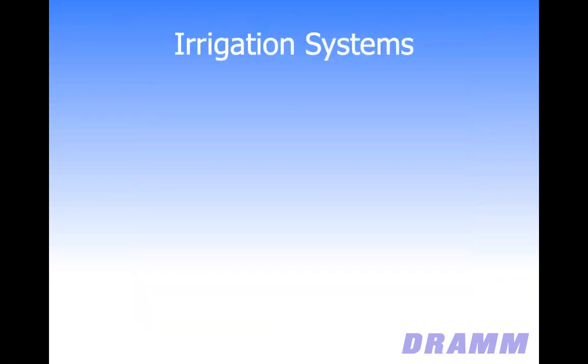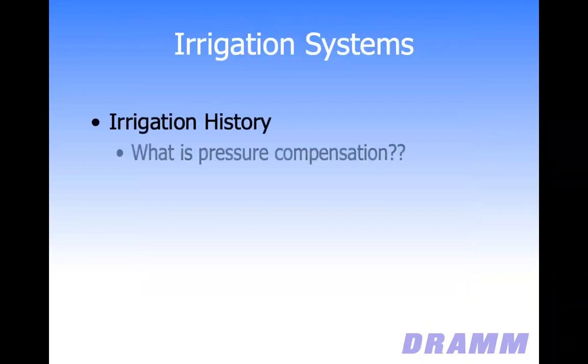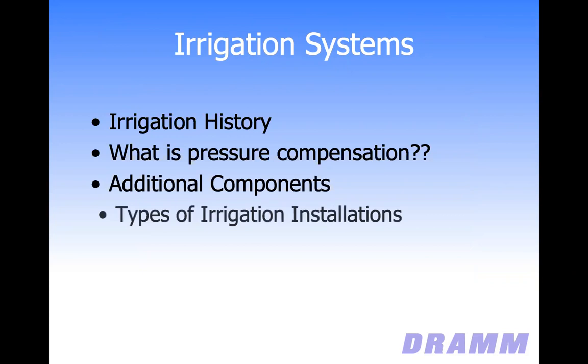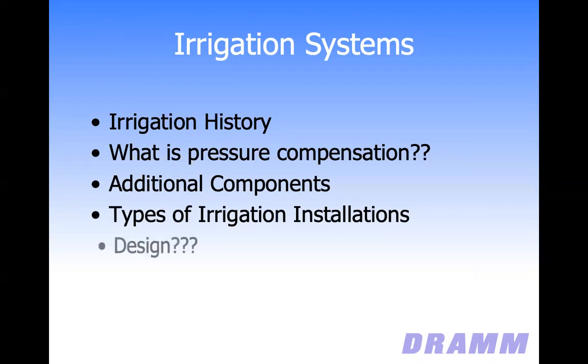We're going to jump right in, talk a little bit about irrigation history, what actually is pressure compensation, the additional components that go along with the nozzles and drippers that you need, different types of installations, and questions on design, because that's probably the most important part of this entire discussion: how do you put all this stuff together and decide on what's the best fit for your greenhouse, nursery, retail, garden center.